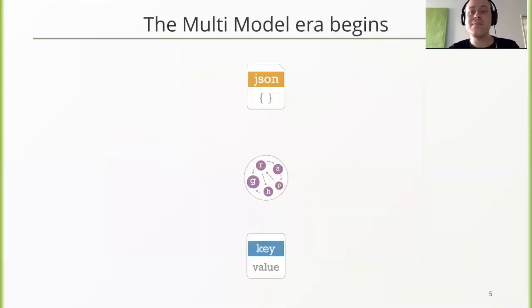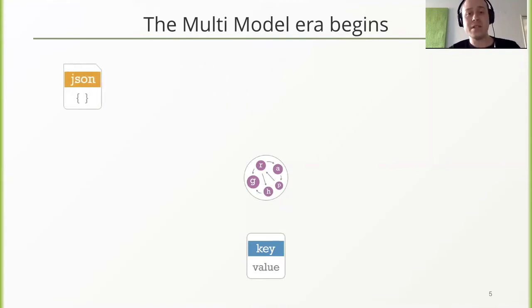To overcome these issues, there actually was a new movement for databases, the so-called NoSQL movement. We call this the multi-model era because we use different database technologies for different data formats that we have in our application. The 3 major players here are JSON document stores, graph databases, and key value stores.